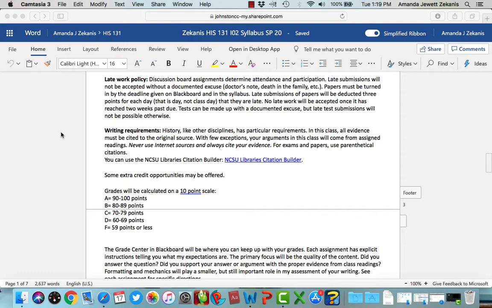That's a doctor's note, a death in the family, something like that, where there's documentation that you can prove to me that a last minute emergency type situation happened, and like your kid was sick or you were really sick and you got a doctor's note or a hospital note. Hopefully none of this happens to anybody, but life happens to us all, so I do have this policy where with a documented excuse you can make up the discussion board if you miss it. Otherwise, if it's late, it does not count, and you are counted absent and you get a 0.